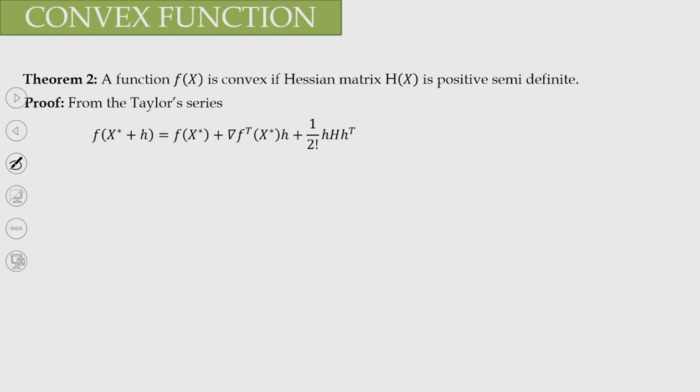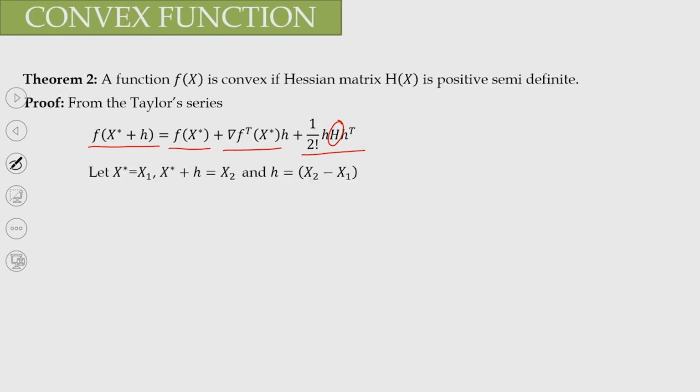I can write that f of x star plus h is equal to f of x star plus del f transpose at x star times h plus 1 by factorial 2 times h transpose H h, where H is the Hessian matrix.